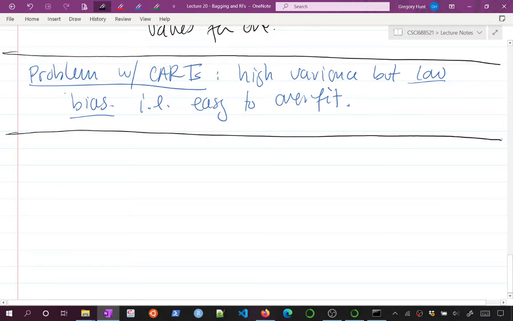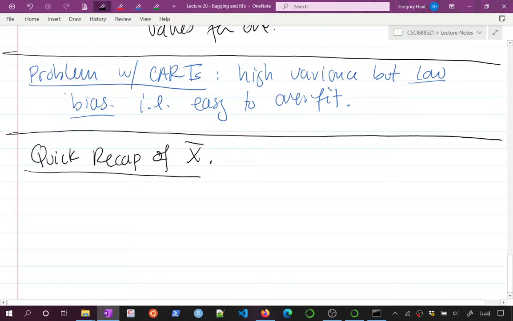So bagging is a kind of meta method. We're going to do a real quick recap of the sample average. X bar is our typical sample average, right?